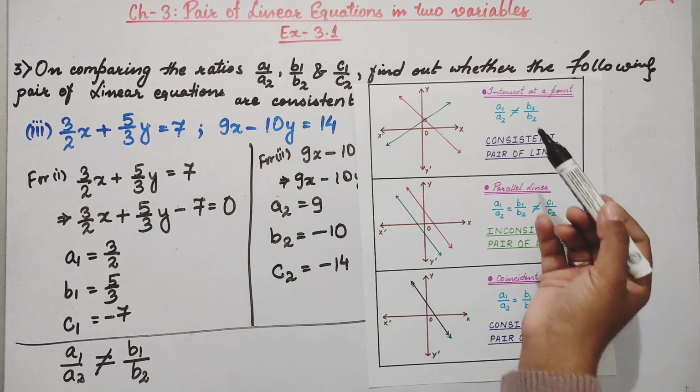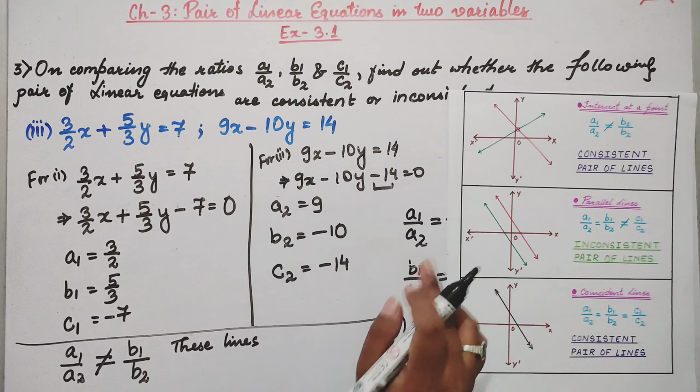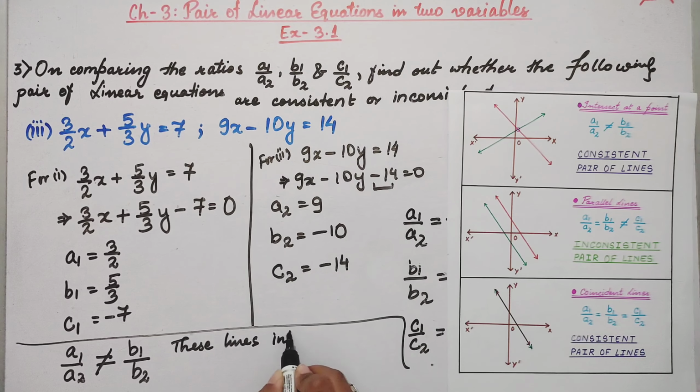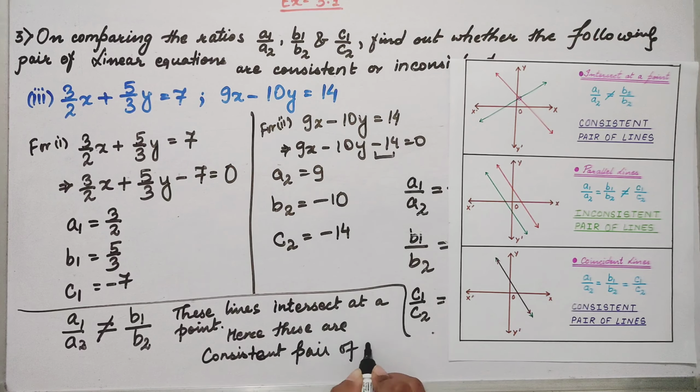If a1 by a2 is not equal to b1 by b2, these lines intersect at a point, hence these are a consistent pair of lines.